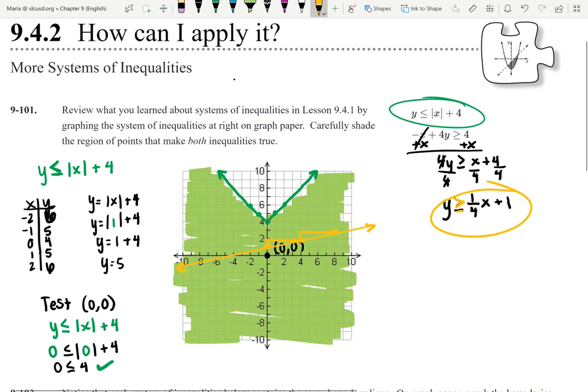And now we've got to figure out whether we're going to shade below the line or above the line. Let's test 0, 0 for this inequality as well. To do that, we are going to take our inequality, and again, like we did before, we're going to plug in 0 for y and 0 for x.